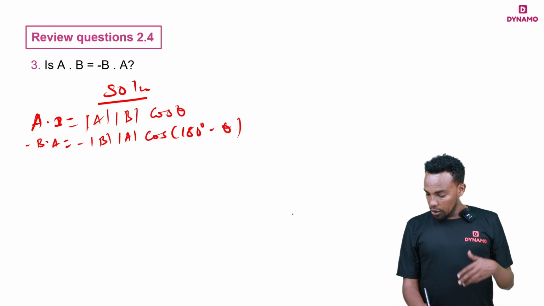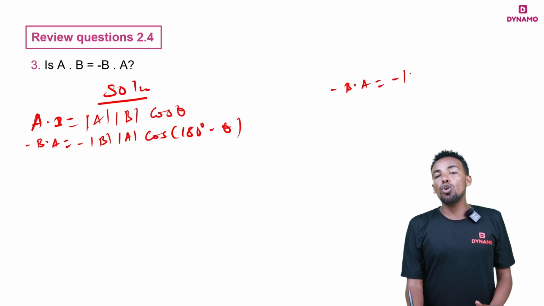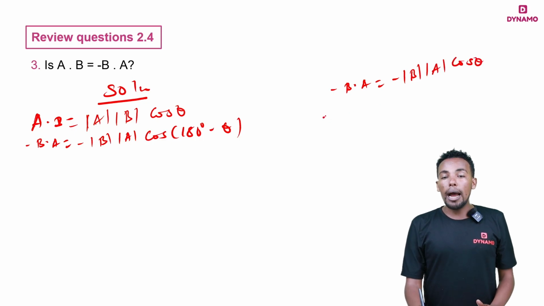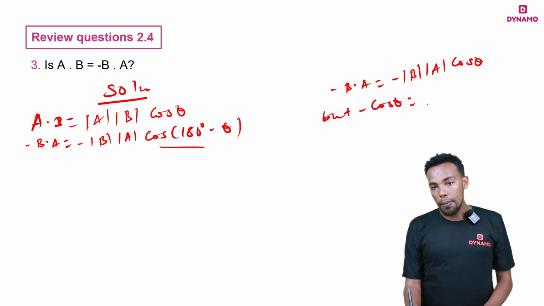Maaliif karaa biraa maal jechuudha kun? Minus B dot A is equals to minus of B dot minus of magnitude of A cos theta dha jechuudha. Garuu maaliif? Asitti maal jechuudha? But what? Minus what? Maaliif ishee kana asitti fayyadamne? Minus cos theta jechuun maal jechuudha? Seera maatimaatiksii irratti maal ta'a?